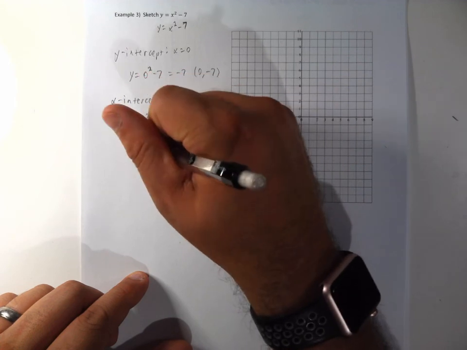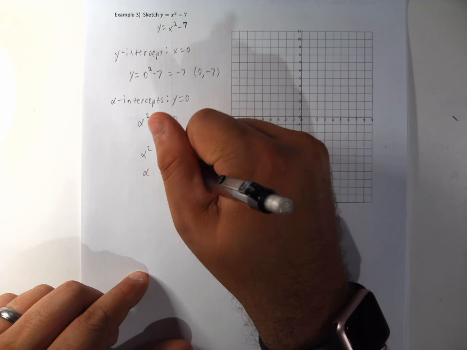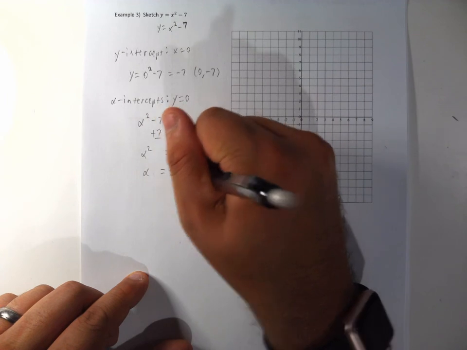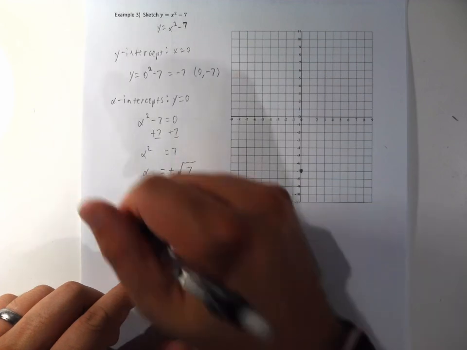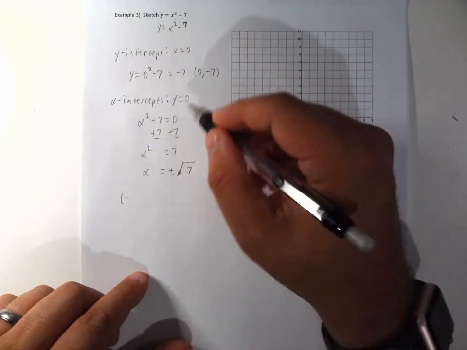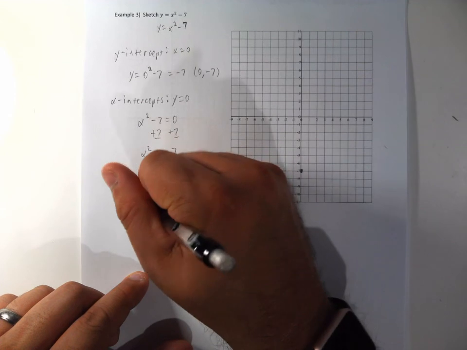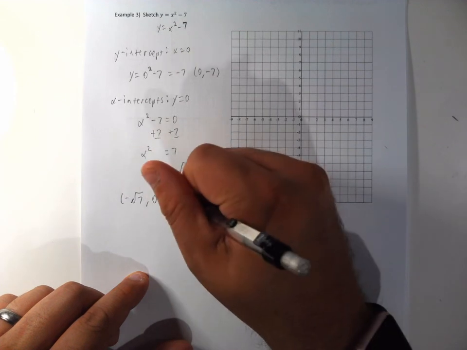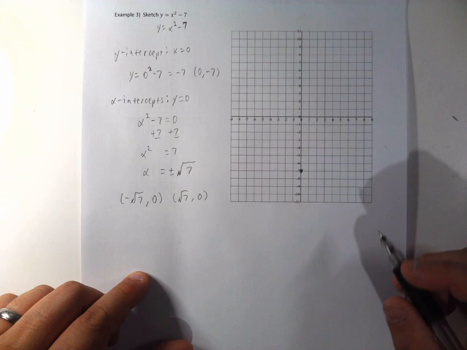And so x squared has to equal 7, requiring that x equals plus or minus the square root of 7. So, my x-intercepts are negative square root of 7, comma 0, and positive square root of 7, comma 0.